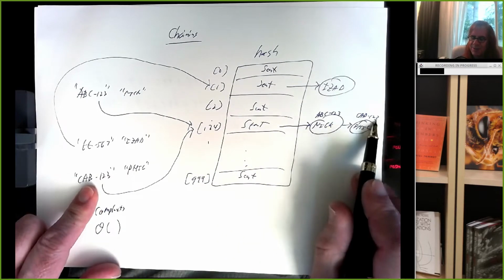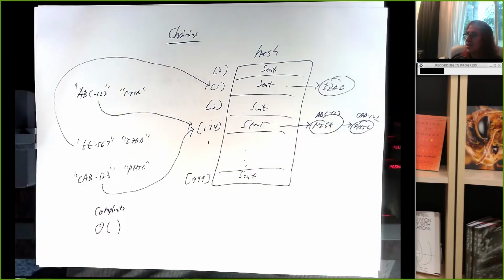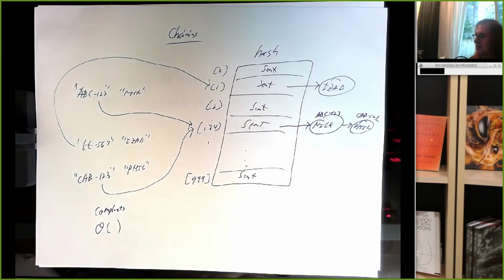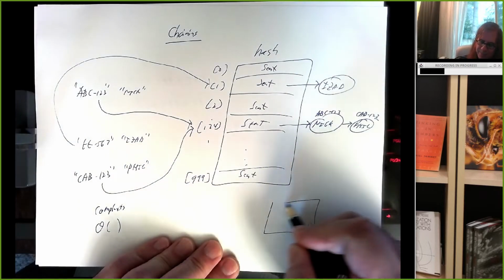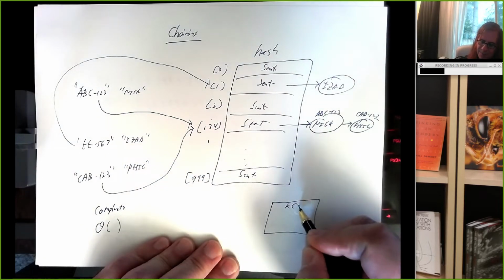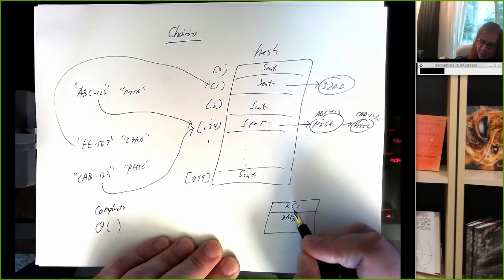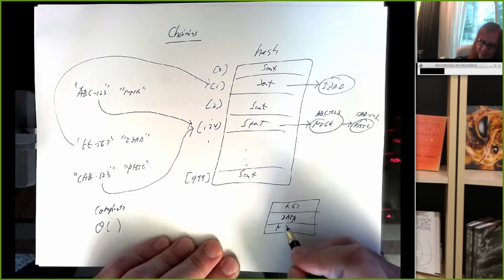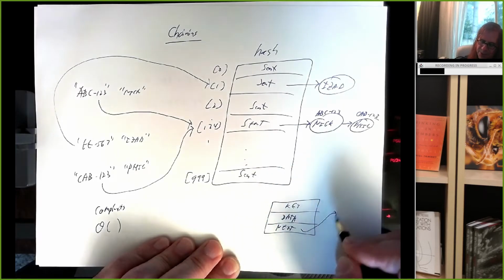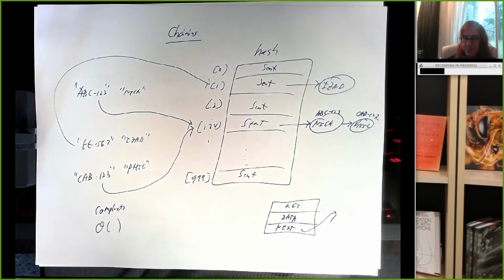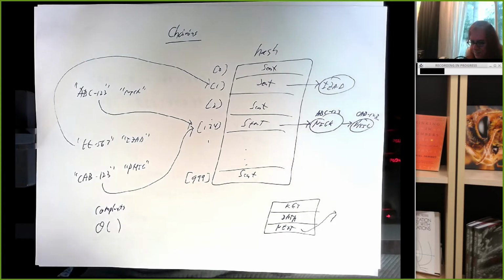There's CAB123, and then there's the data associated with it. So our node structure would be something like a key, a piece of data associated with it, and then a pointer to the next node. So it's a more complex linked list.